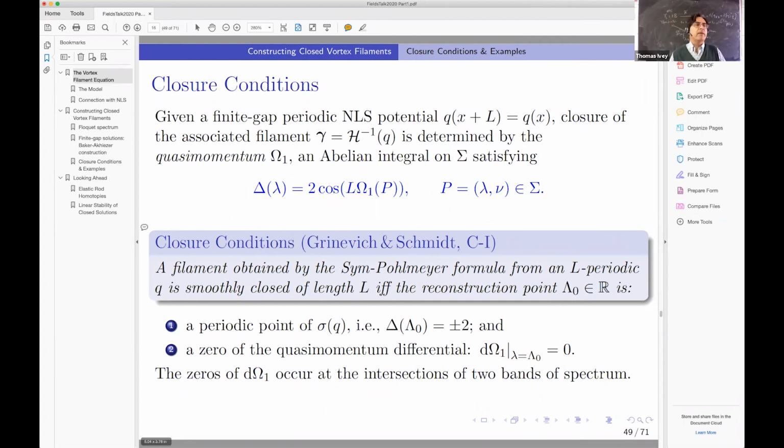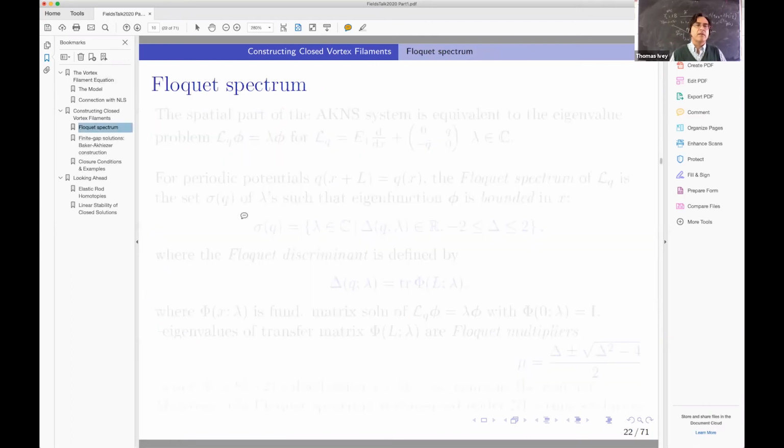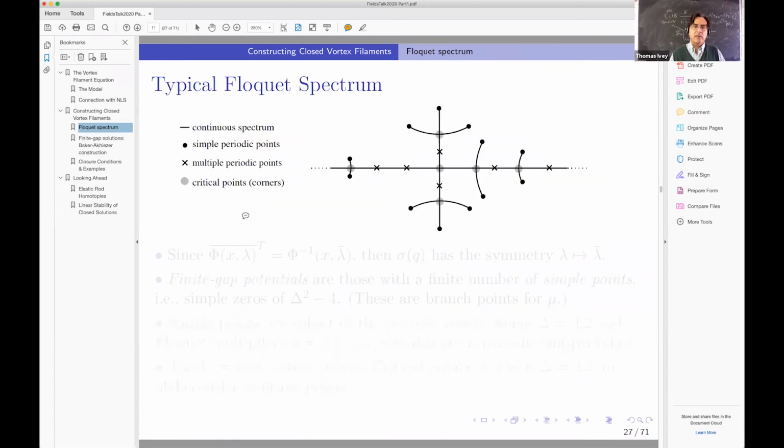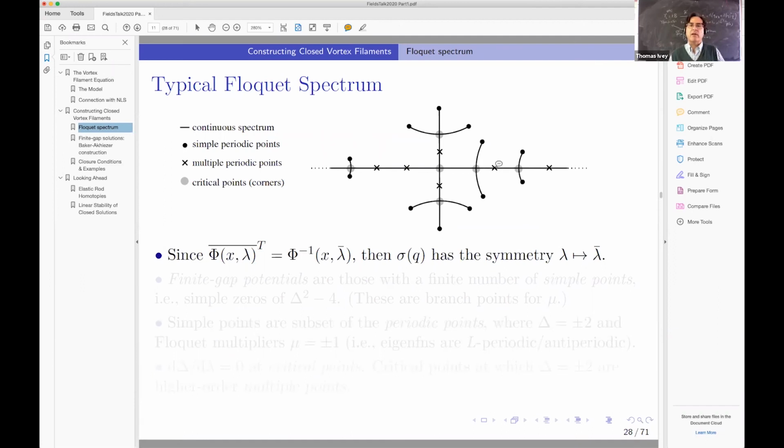So maybe at this moment, I'll just go back to this picture. Here we have a bunch of corner points that are critical points of the quasi-momentum, but they're not periodic points. The periodic points are the ones with these X's.